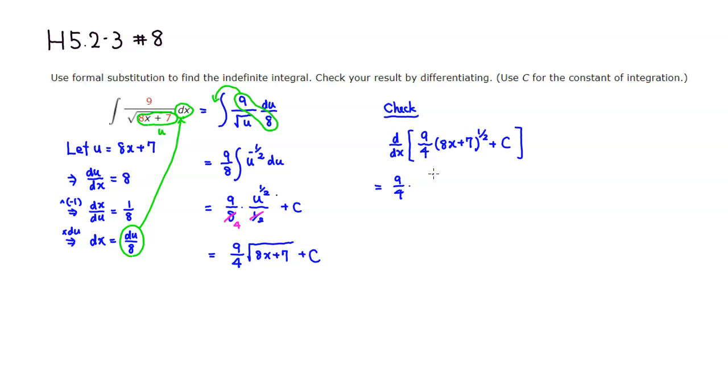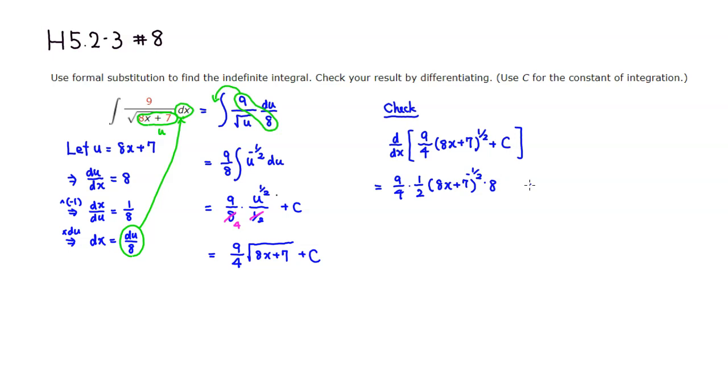The derivative of that is: put 1/2 in front, keep the inside expression 8x plus 7 as it is, and subtract 1 from the power, so it's going to be negative 1/2. Then you multiply by the derivative of the inside, which is 8.